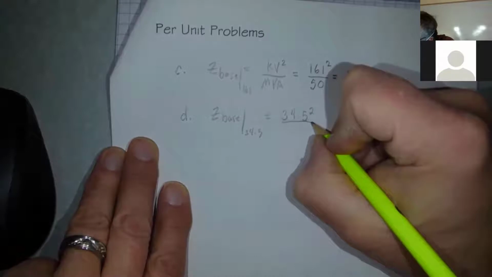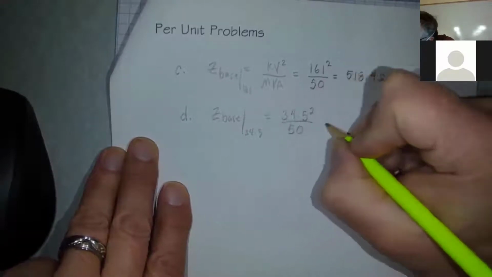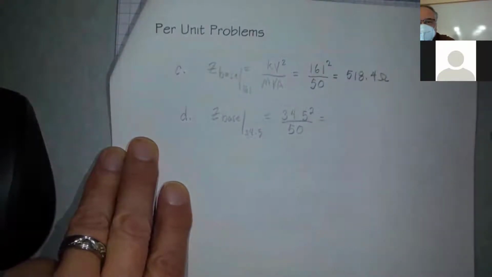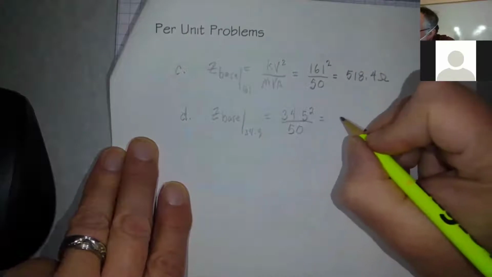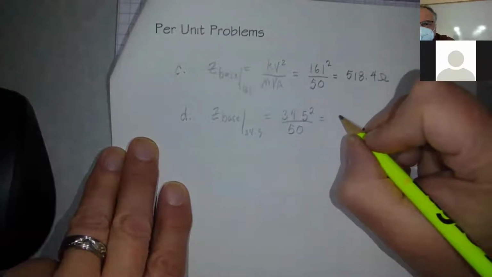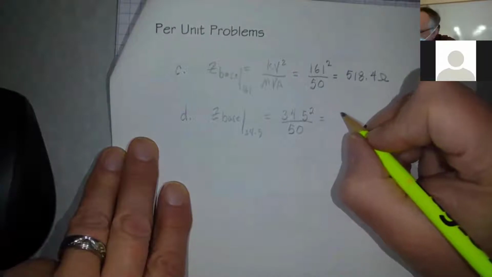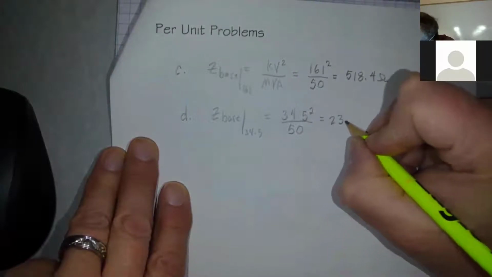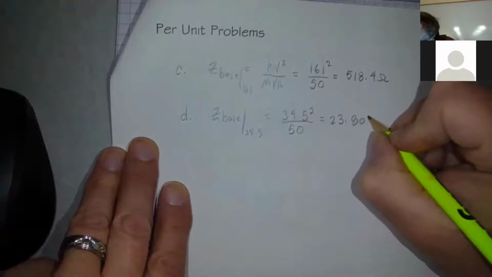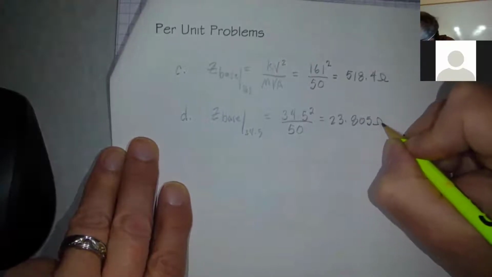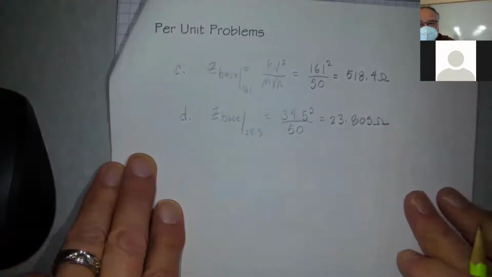We're going to square that divided by 50. What do you get there? 23.805 maybe? Yeah. 23.805 ohms. Okay.